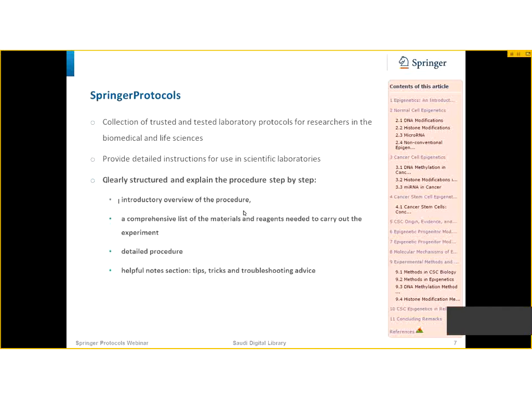They have an introductory overview of the procedure, a very detailed and comprehensive list of the materials and the reagents that you need to carry out the experiment. Obviously, it also has a very detailed procedure, and in the end, it has a very helpful section with notes, with tips and tricks, and also advice and some common pitfalls, some points where the scientist really has to pay attention. It usually says so in this notes section.